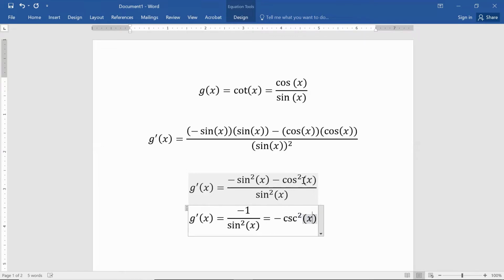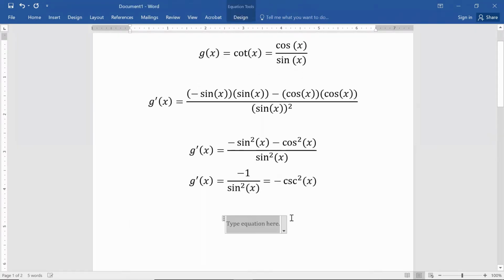So notice that when we did tangent, we got secant squared. When we did cotangent, we got negative cosecant squared. So if my function is cotangent of x, then the derivative of that function is negative cosecant squared of x. And that's the derivative of this trig function.